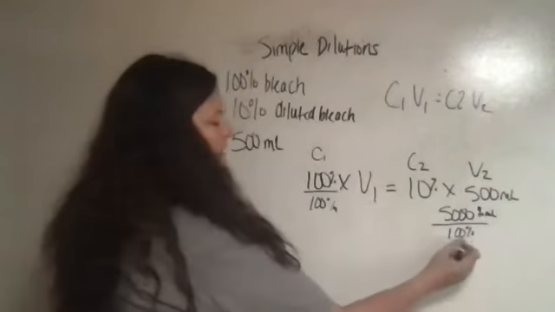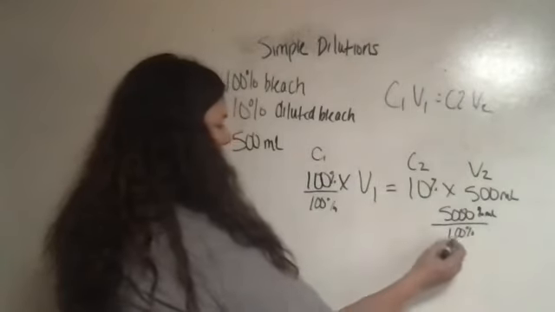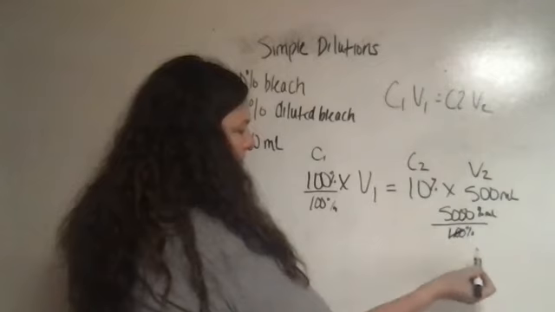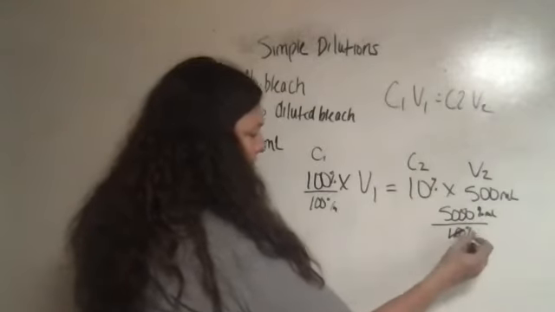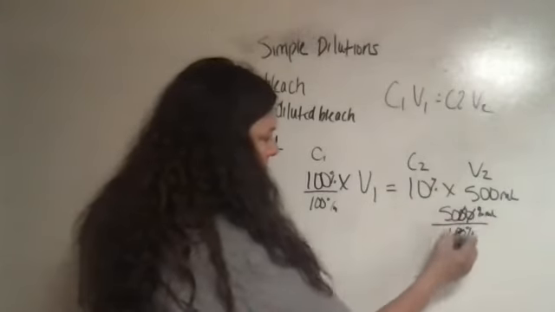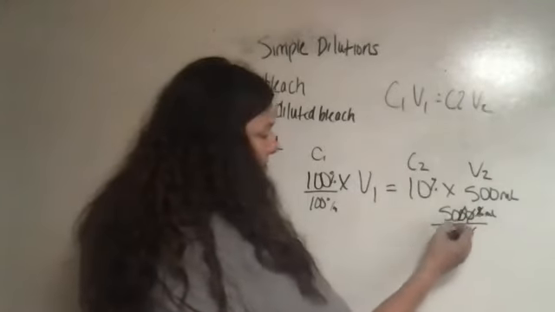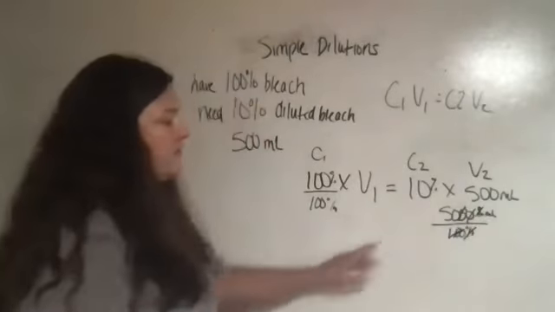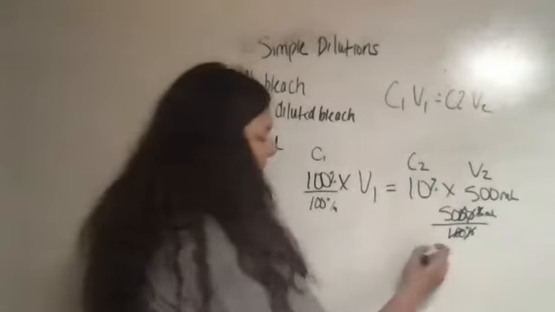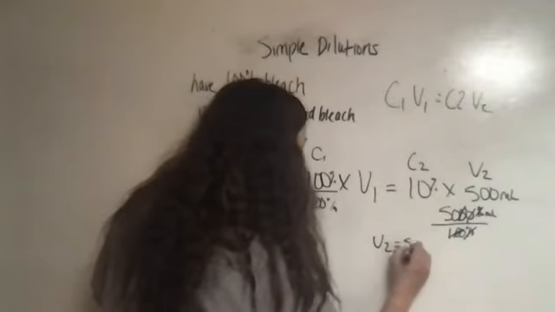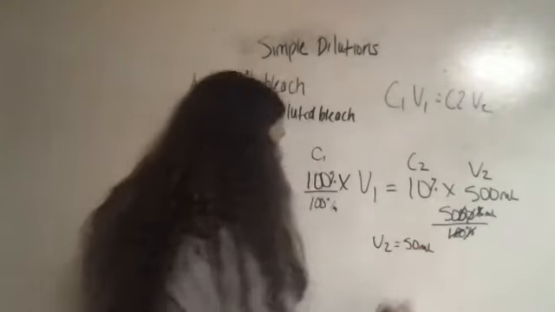So we can cross out the zeros, cross out the percentages. So now we're talking 50 milliliters. So our V1 equals 50 milliliters.